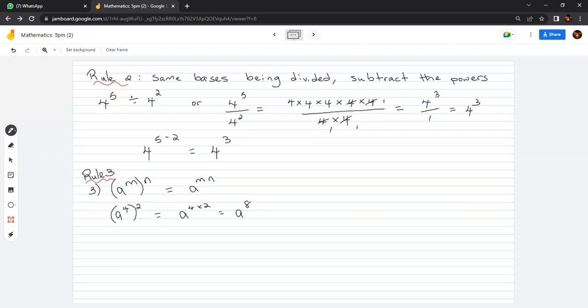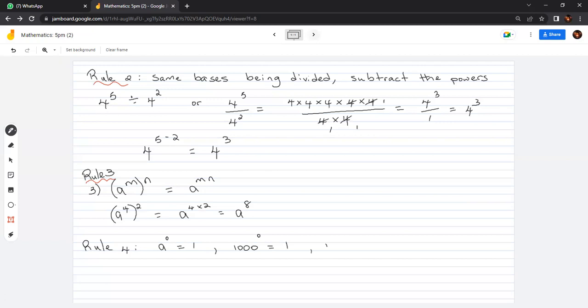Rule number 4. Anything raised to the power of 0 is 1. Anything. It could be 1,000,000 or 1,000 to the power of 0. It's 1. It could be a to the power of 0. It's 1.